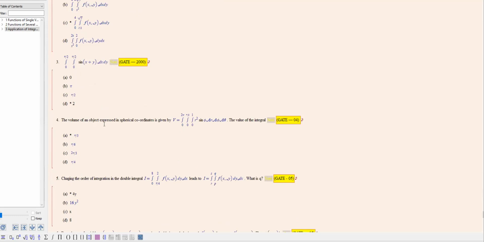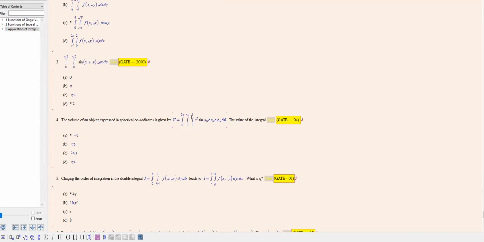Then volume of an object expressed in spherical coordinates. Now, r square sine phi dr d phi d theta. This is the Jacobian, if we know, of the spherical coordinates. Yesterday we did. This is nothing but dx dy dz.